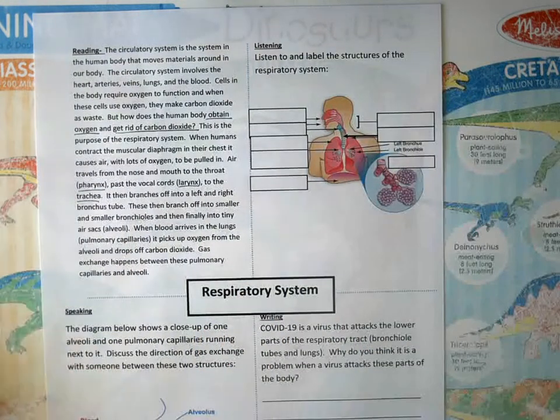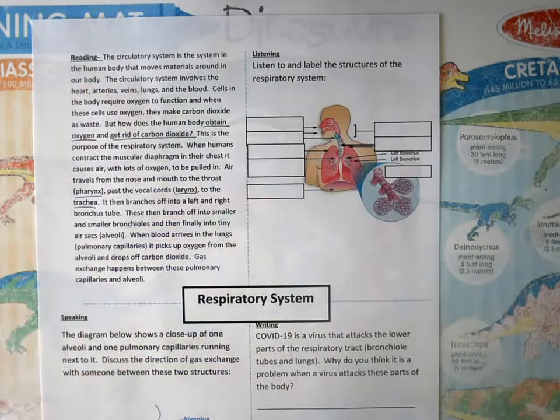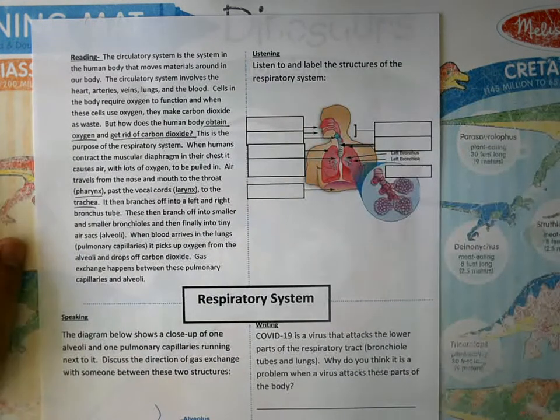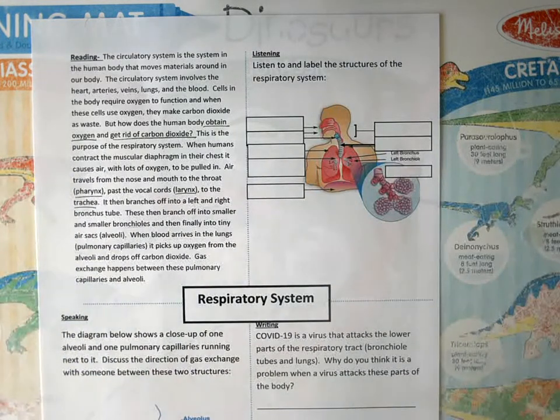Okay, next, let's listen to and label the structures of the respiratory system. So on the top left of this diagram, that's just showing your nose and mouth, where air will enter the body. Okay, from the nose and mouth, air will travel to the back of the throat, the pharynx. I think on this diagram, that's the top right box.